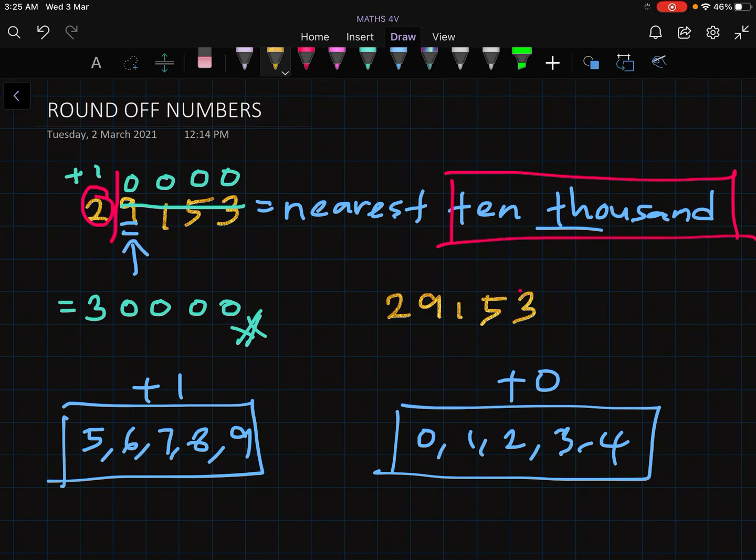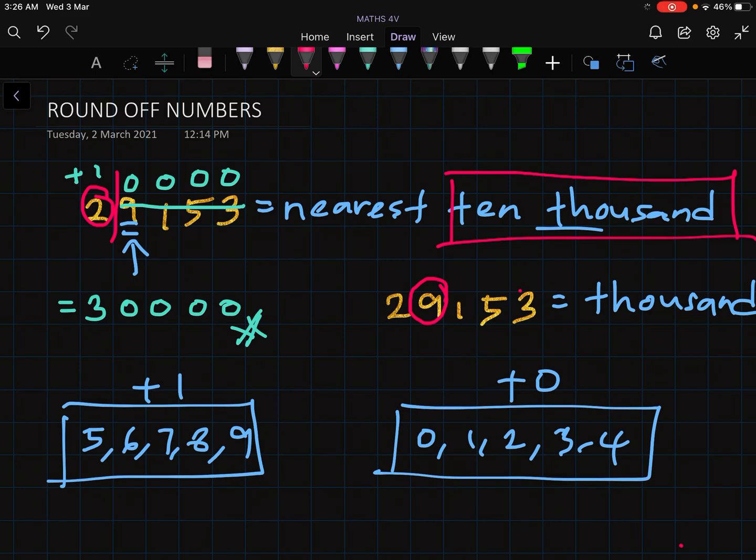Let's say now they asked about the nearest 1000. Now where's the place value of 1000? We have to circle the place value of 1000. The place value of 1000 here is 9, so we'll circle this.